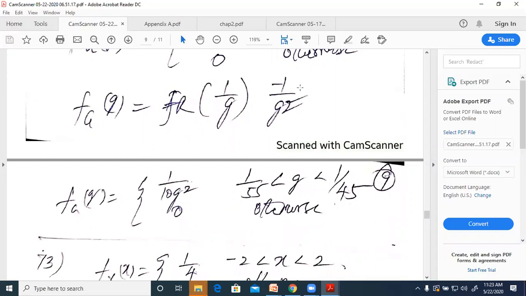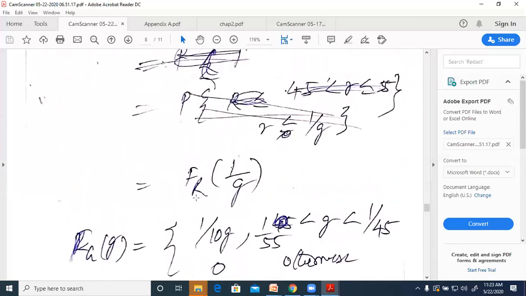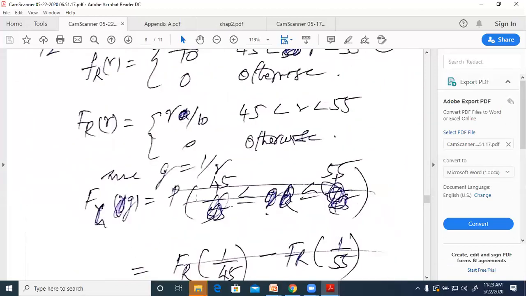And we cannot write this minus over here because this quantity should be positive. So generally we will have to write this as plus, even if it is minus 1 by g squared. So therefore, it will be 1 by 10 g squared from the earlier value there.